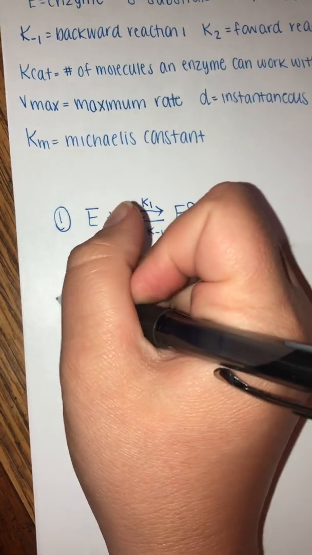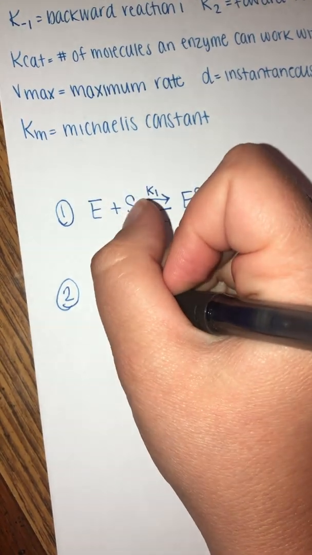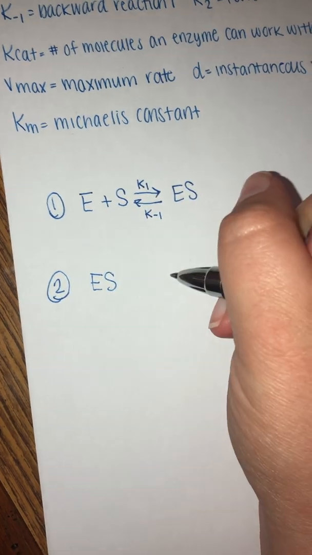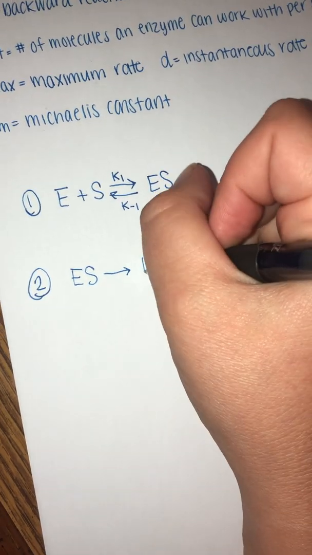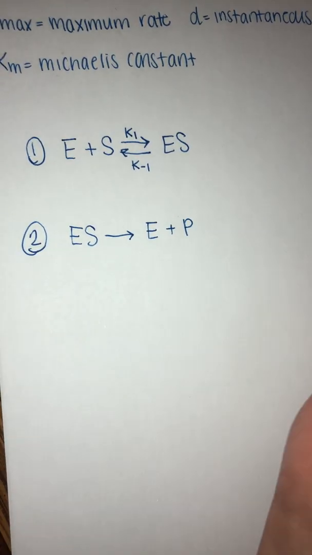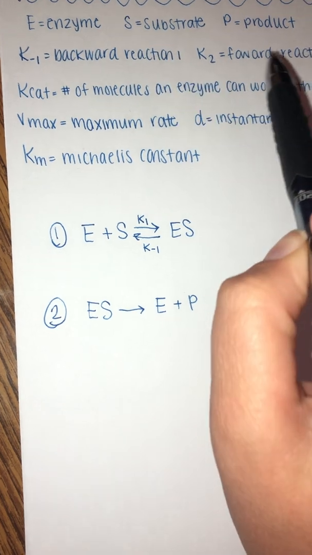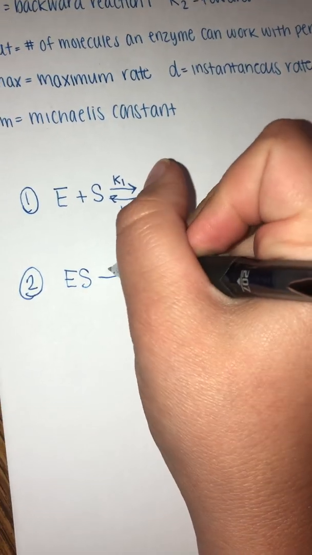Then down here in step 2, we know that the enzyme substrate complex yields the enzyme plus a product.